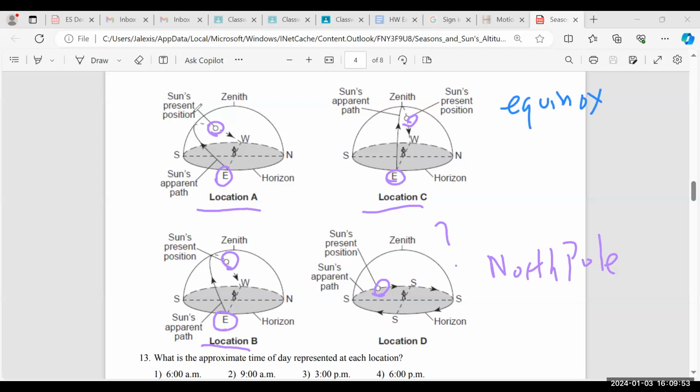You know what else this lets me know? Because this is the equinox date, I know that the sun's path is 12 hours long because there's 12 hours of daylight.